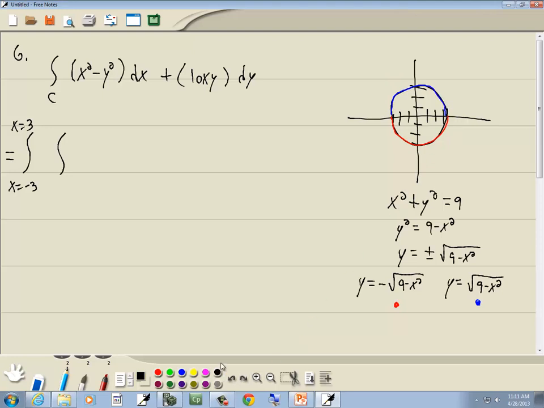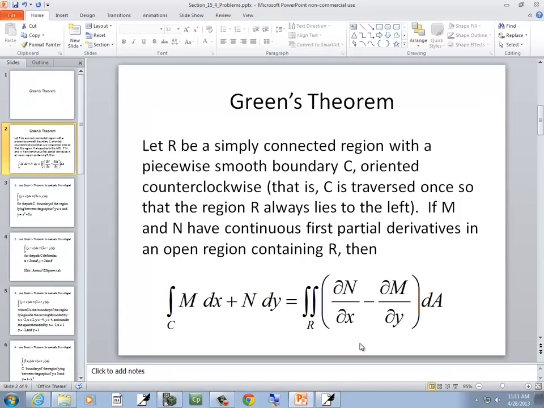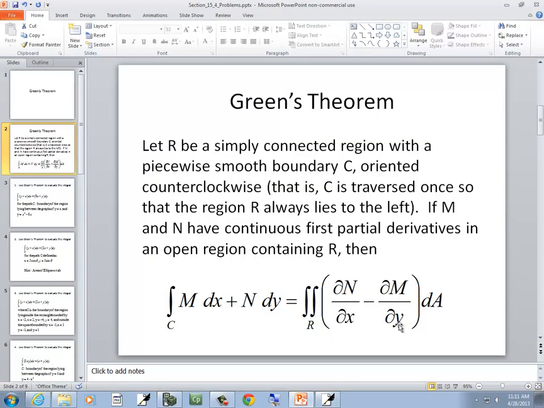So in doing our setup, this is going to go from y is equal to negative square root of 9 minus x squared to y is equal to positive square root of 9 minus x squared. And this is going to be m, and this will be our n. So let's go look at our formula. Partial of n with respect to x would give us 10y minus partial of m with respect to y.